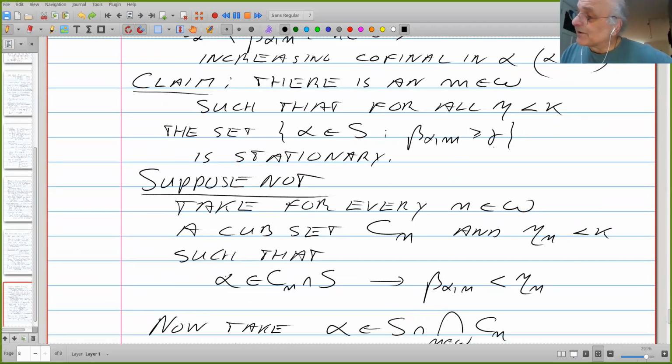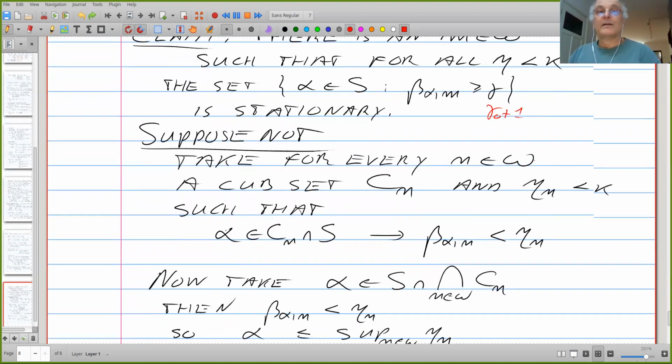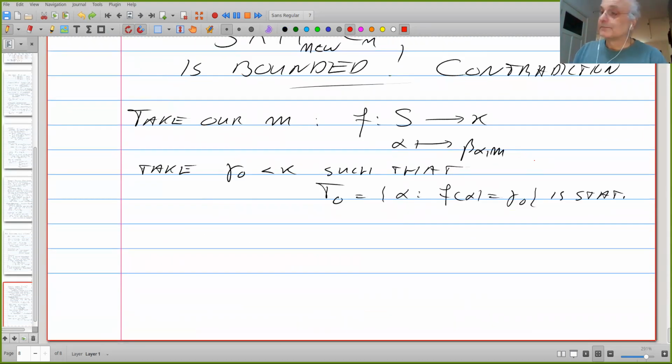We can put gamma 0 here. Okay, gamma 0 plus 1. We can look at all the alpha in S for which beta alpha M is at least gamma 0 plus 1. The set of all the alphas for which beta alpha M is bigger than gamma 0 plus 1 is stationary.